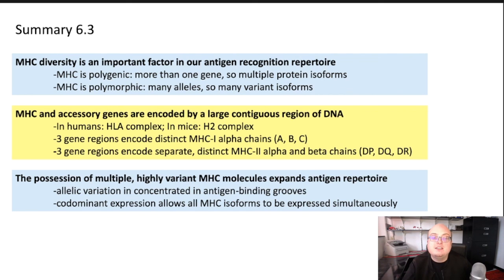That means the allelic variation contributes to the ability of all the different isoforms that we have to hold on to a slightly different population of antigens. And because each of the different genes and the different alleles on each are codominantly expressed, that allows us to simultaneously express all of the different MHC isoforms that we encode in our genomes, again, overall increasing the diversity of the repertoire.